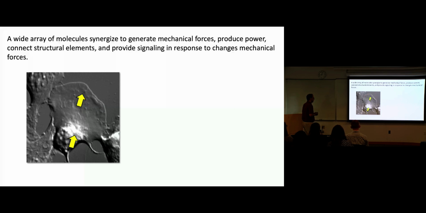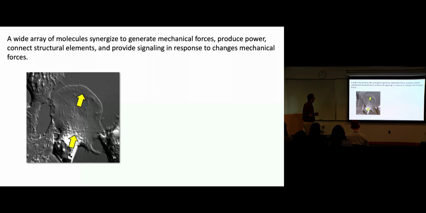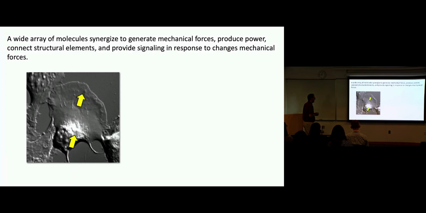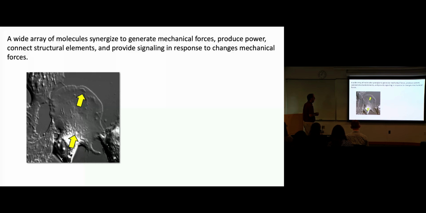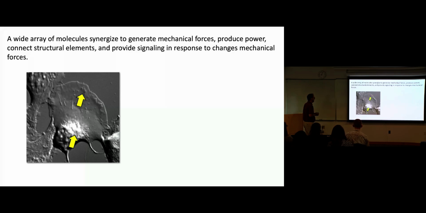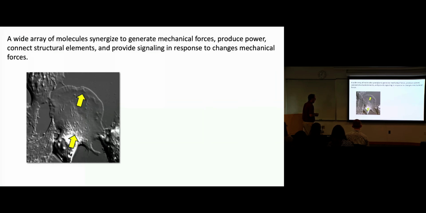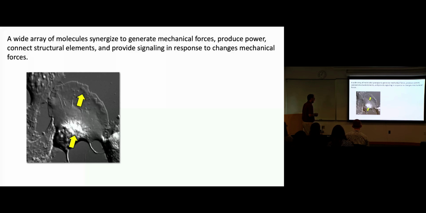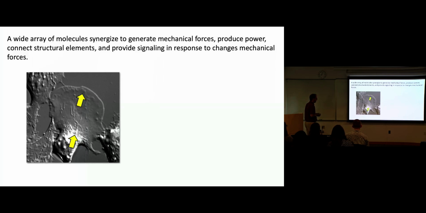And you can see this broad lamellipodium that's pushing forward, that is responding to mechanical load. Polymerization, actin, myosin are all working together to push this thing forward. We also have molecules at the back end of the cell that are pinching the cytoplasm, the back end of the nucleus, and pushing all of this stuff up.